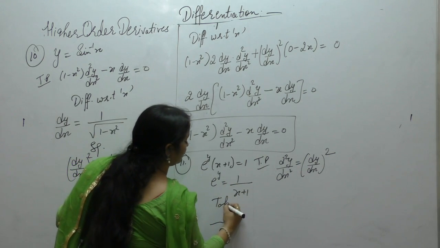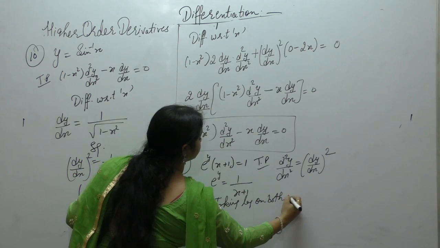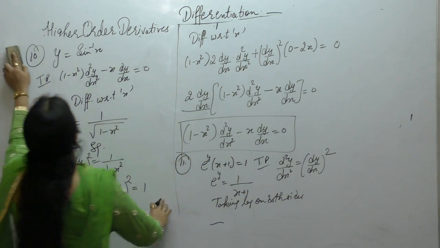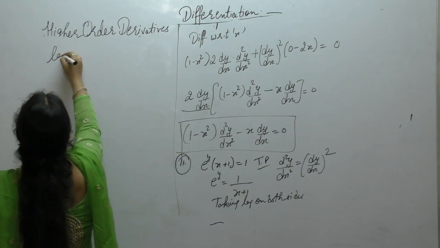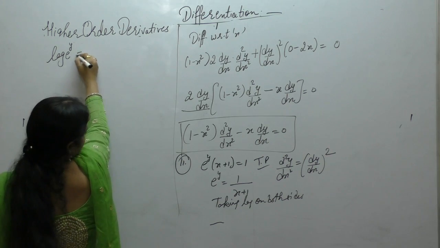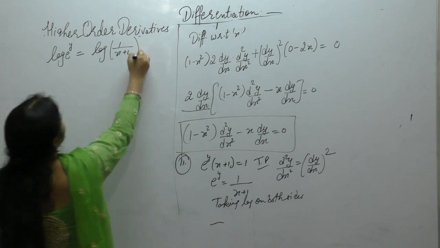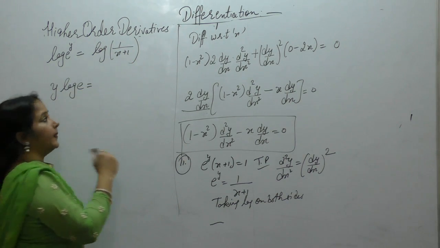Now taking log on both sides, what we get? Log of e power y, log and exponential will get cancelled. Log of 1 upon x plus 1. y log of e. Log of e has value 1.